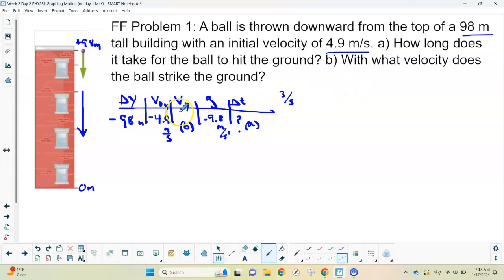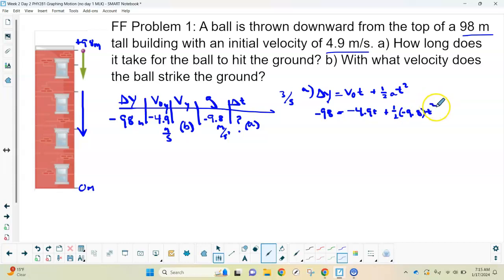So if I'm using the equation without Vy, it's this one. So it's delta y for part A. Delta y equals V0 t plus 1/2 a t squared. So delta y is negative 98, V0 is negative 4.9 t, plus 1/2 times negative 9.8 t squared.